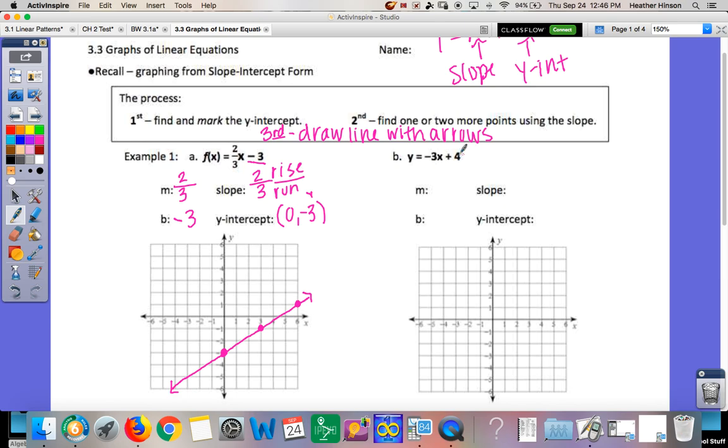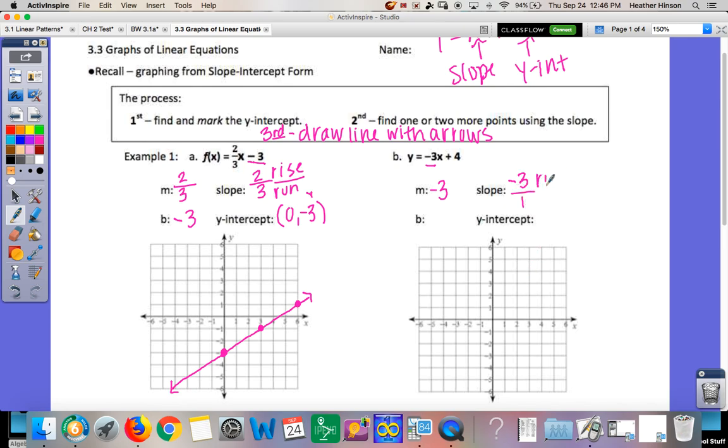So let's try it again with this one. Your m is the number in front of x, so that -3. Do not put x on your m. Your slope is your m, but as a fraction. So if it's not already a fraction, all we're going to do is we're going to take that -3 and put it over 1.